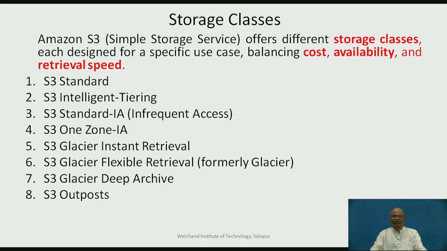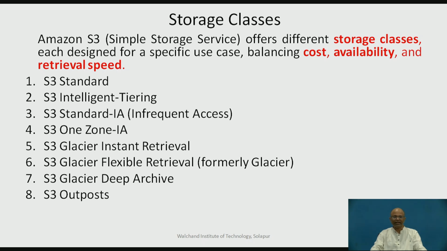So let's first talk about what the storage classes are. Amazon S3, which is referred to as Simple Storage Service, offers different storage classes, each designed for a specific use case for balancing cost, availability and retrieval speed. According to the client's requirement of cost, availability and retrieval speed, there are 8 particular classes defined.